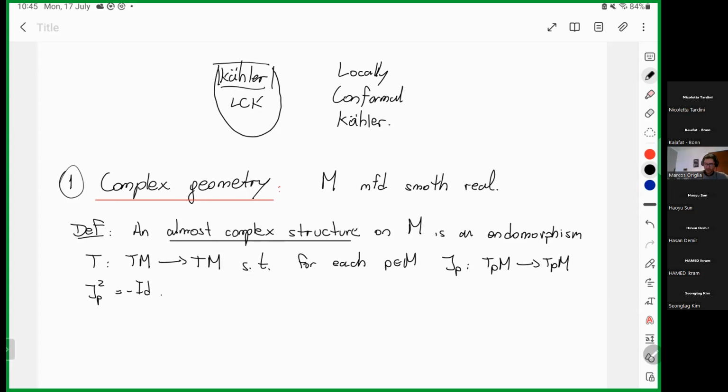That's the condition we ask for this endomorphism. In this case, we say that M with this almost complex structure is an almost complex manifold.